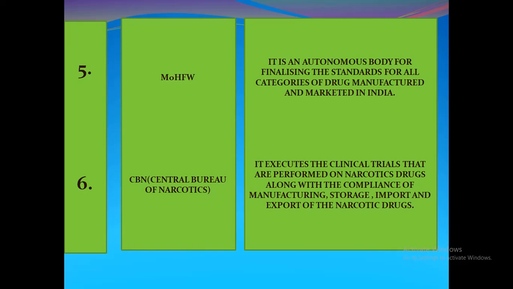It is an autonomous body for finalizing the standards for all categories of drugs manufactured and marketed in India. And sixth regulatory authority is CBN, that is Central Bureau of Narcotics, and it executes the clinical trials that are performed on narcotic drugs along with the compliance of manufacturing, storage, import and export of narcotic drugs.